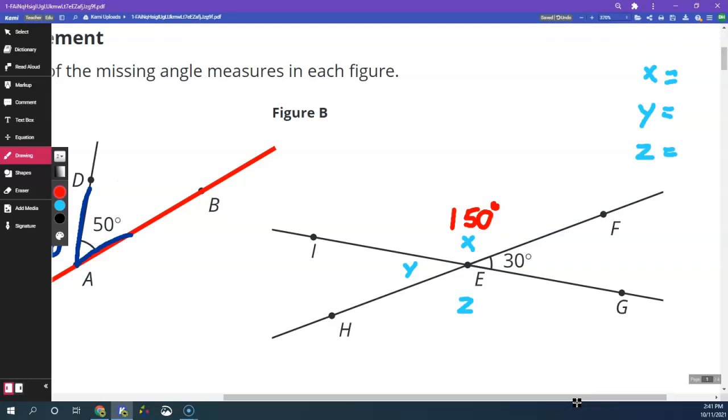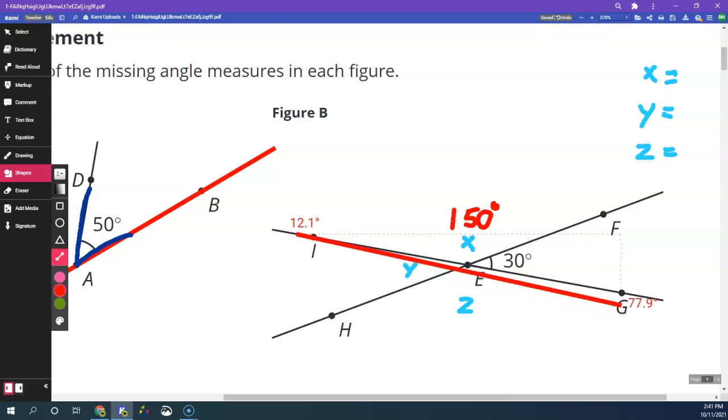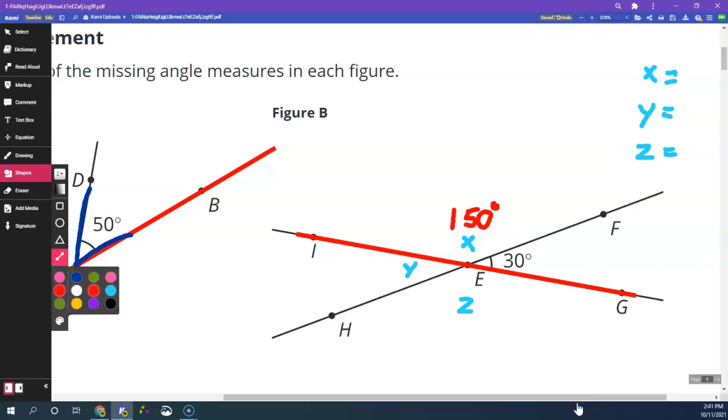What about down here, using this line? What would Z equal? 150, because for the green line, 30 and what makes 180? We get 150 there as well.